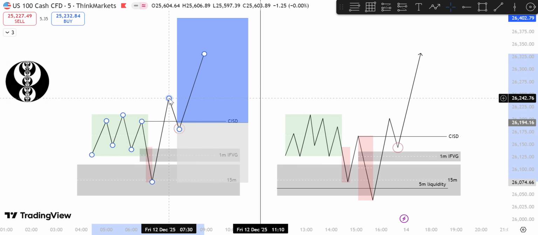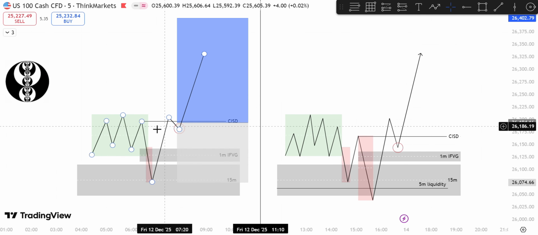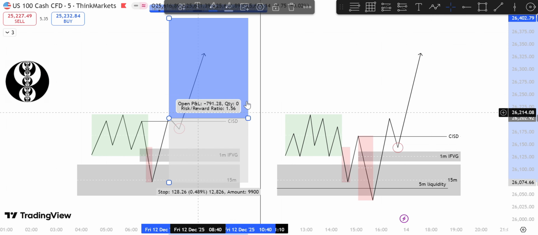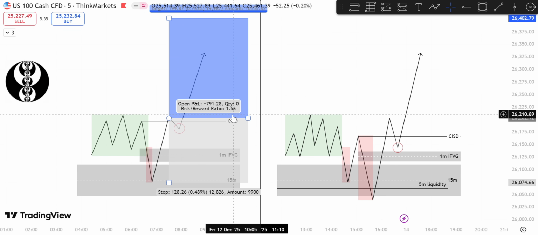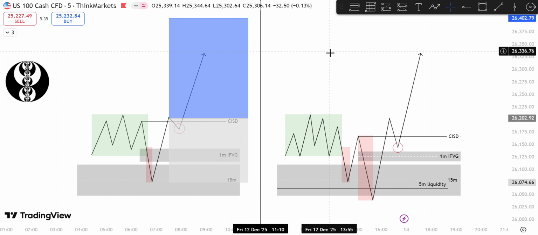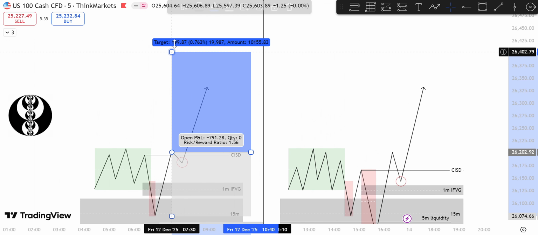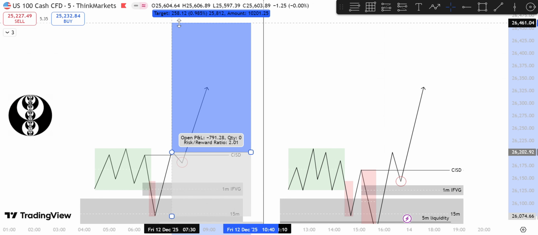Just that simple. Now, if the change in state of delivery happens like this, the body just closed a little above, I'm aggressive, because as you can see from this, let me change this a little bit. All right.